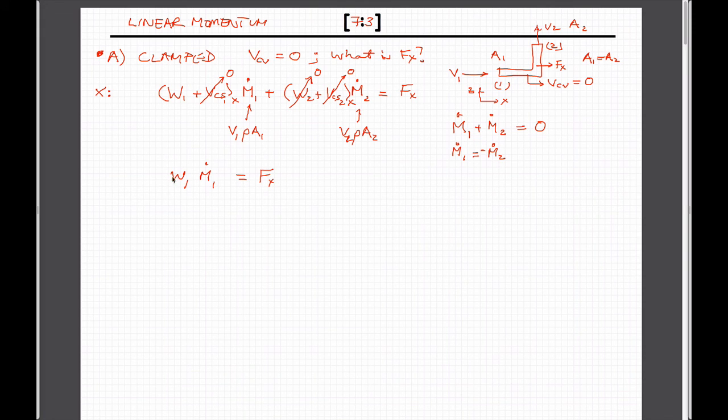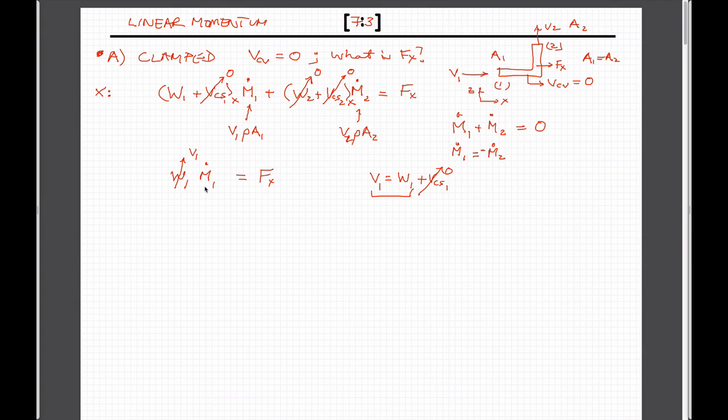Let's look at the appropriate signs for this. This is in the coordinate direction, so this is actually the same as V1, because we know that V1 is equal to W1 plus the velocity of the control surface at 1, and this by definition is 0, we've said. So this has to be the case.